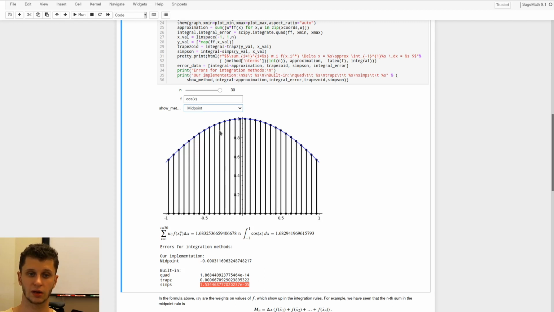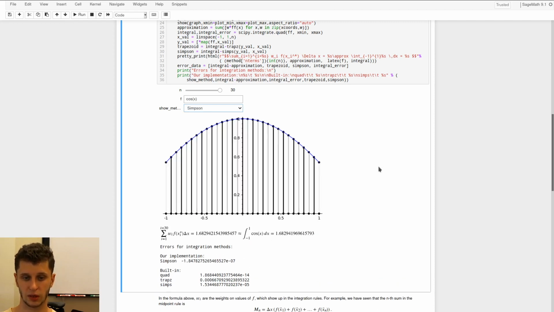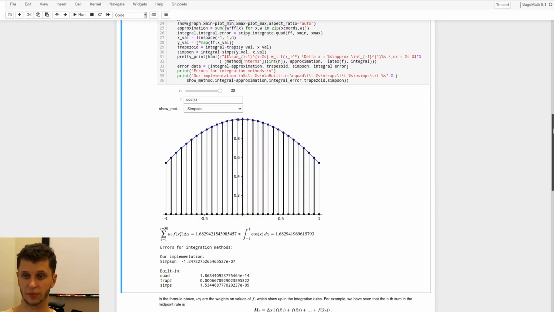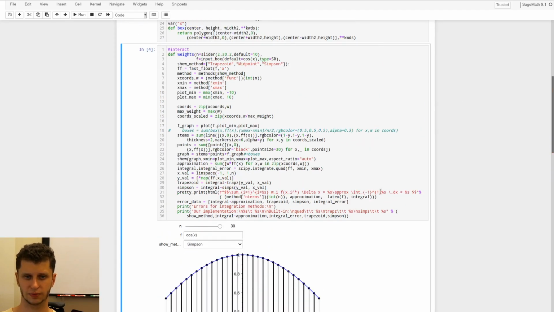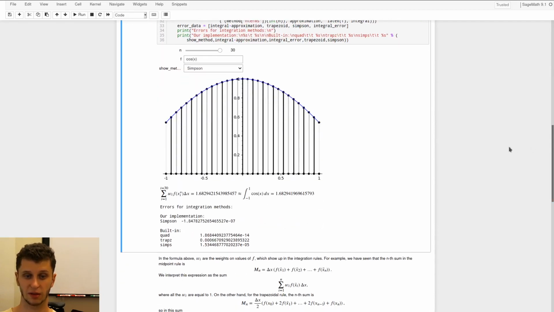Let's check out our own implementation of Simpson's rule, and hooray, it actually beats the built-in Simpson's rule. I'm rather surprised by this. So it basically means that the implementation of Simpson's rule that we have here is surprisingly better than what SciPy has built in. So that's rather encouraging, I would say.